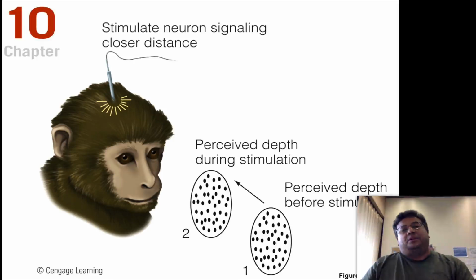So they found one of those, and then they stimulated it. When the monkey was looking at this object, when it was further away, it would say it's further away. But as soon as you stimulated this neuron, the monkey would think that the object was closer, which tells us that we're probably altering the monkey's very perception of this, because remember, the monkey was trained to push a certain button when things were close versus when things were far.